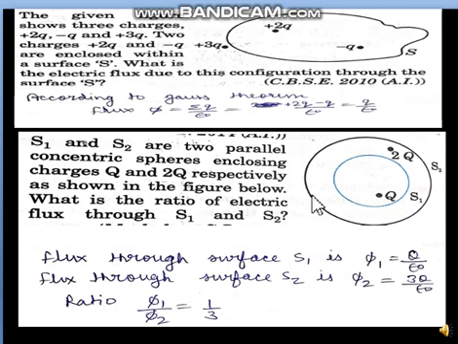How much charge is enclosed within this S2? So you can see 2q and q both are coming inside S2. So total charge will become 3q upon epsilon 0. So flux we will calculate. This way phi1 and phi2 have been obtained. So phi1 upon phi2 ratio, as you can see, q by epsilon 0 is getting cancelled. So 1 by 3 is the answer.